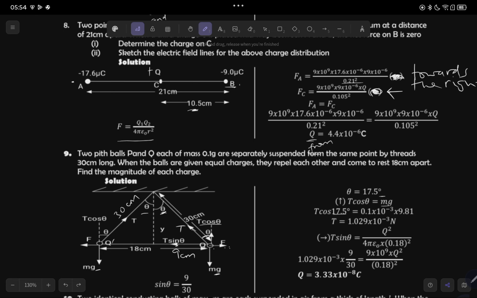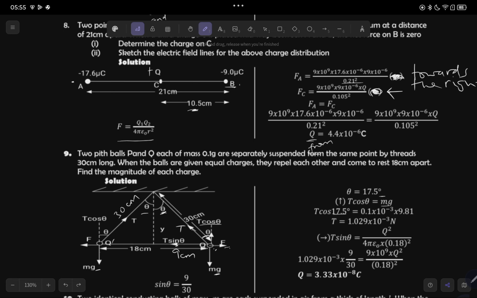Now, when we resolve the forces horizontally, we get T sine theta towards the left equal to the electrostatic force towards the right. So we substitute the values. The Q we don't have, so we leave it unknown. The distance between the charges is 18 centimeters, which is 0.18 meters, squared.